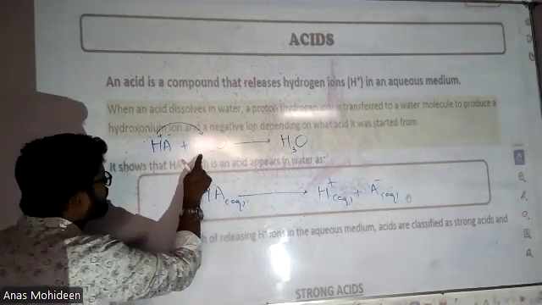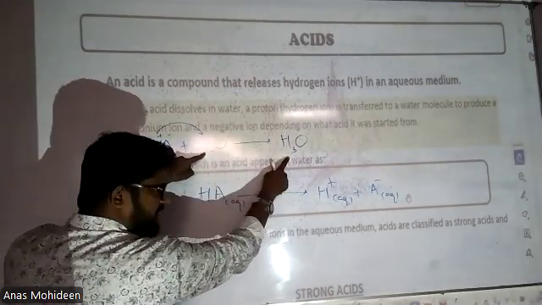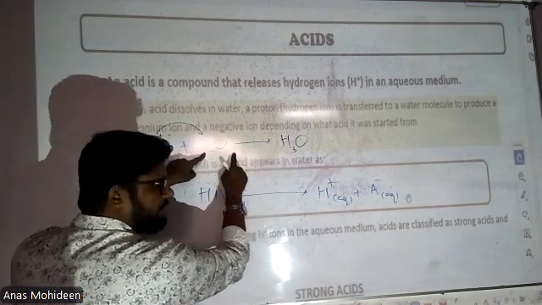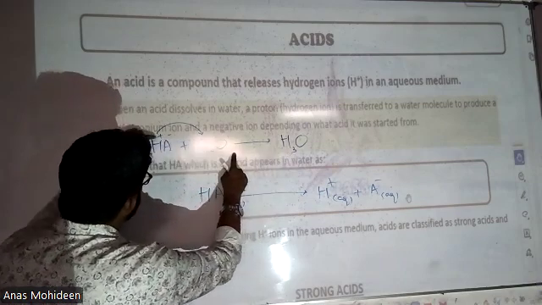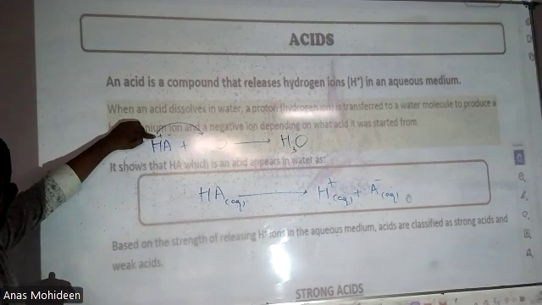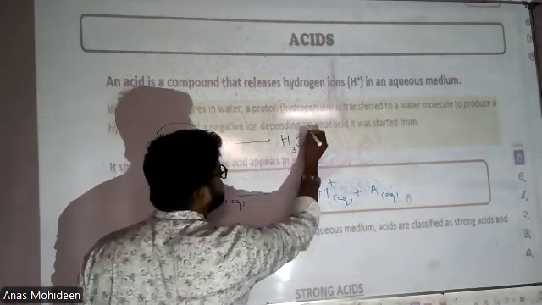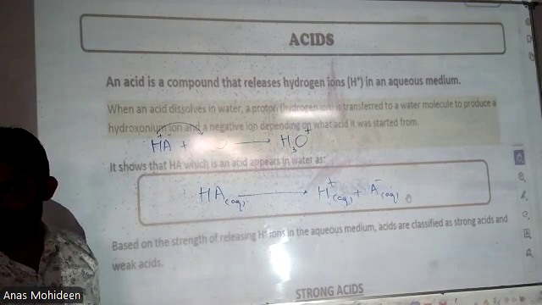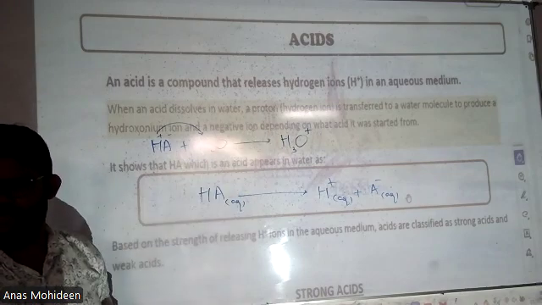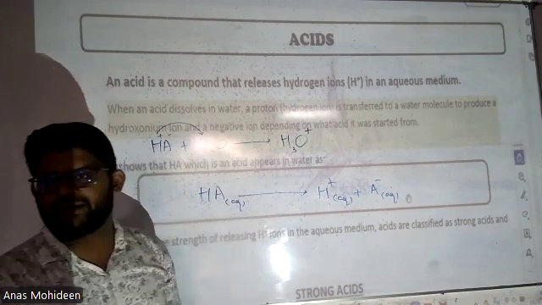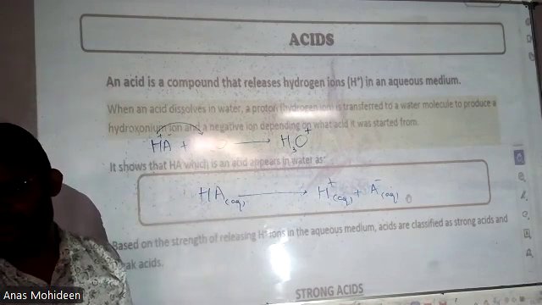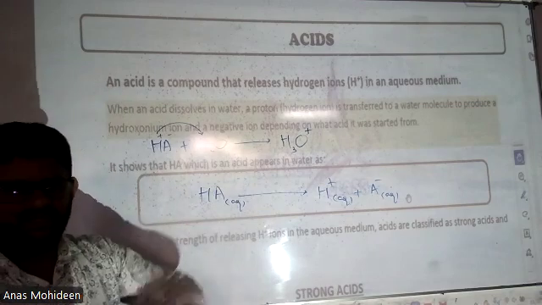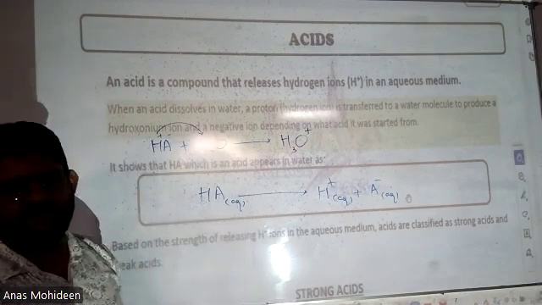So for H2O, when H is added, it becomes H3O, and this H comes with a plus charge, so this becomes H3O plus. This is what happens in detail, and this is called the hydronium ion. Hydrogen plus combining with water gives hydronium.